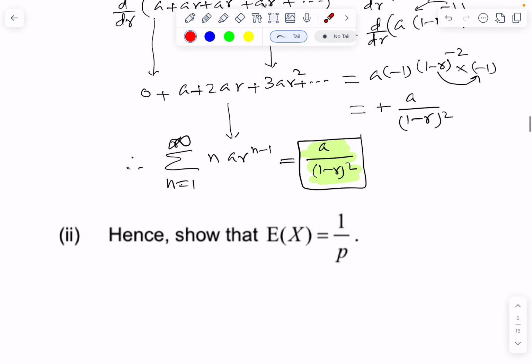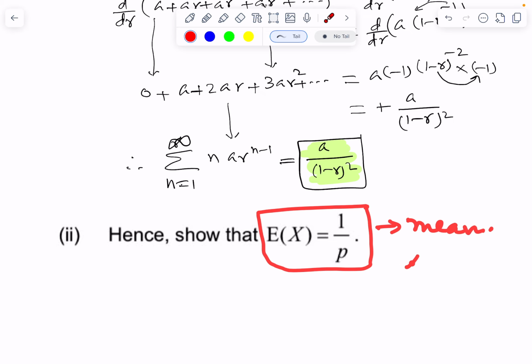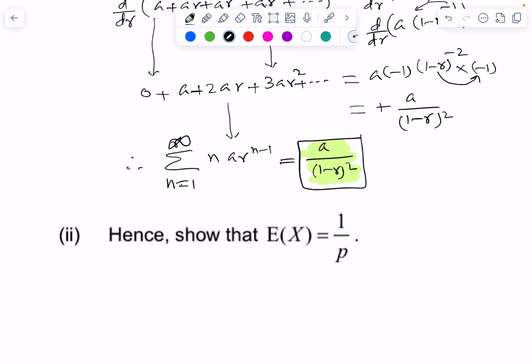Now hence show that E of x is 1 upon p. You already know E of x means the mean, mu, which we also write sometimes. You know the formula for mean is E of x equals sigma xi pi.